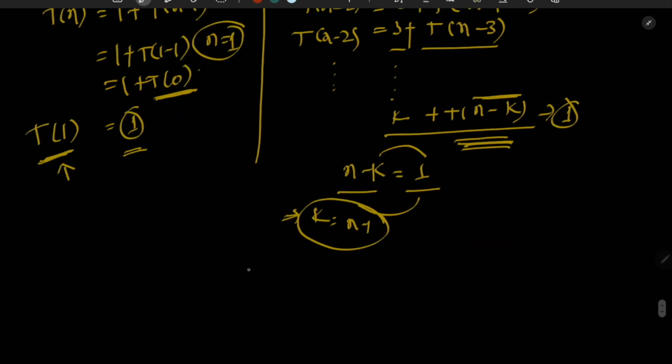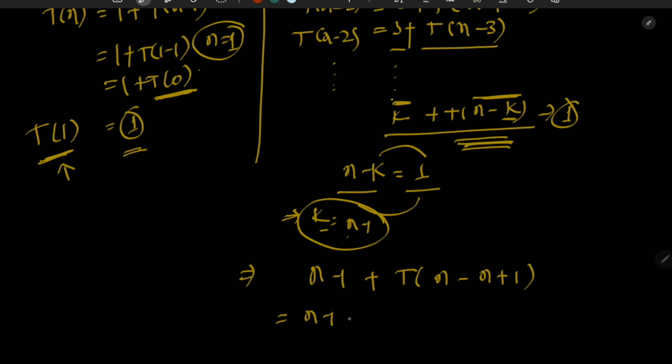We will replace k with n minus 1, and then n minus k, with k being n minus 1, becomes minus n plus 1. So basically we replace the k value with n minus 1 here.